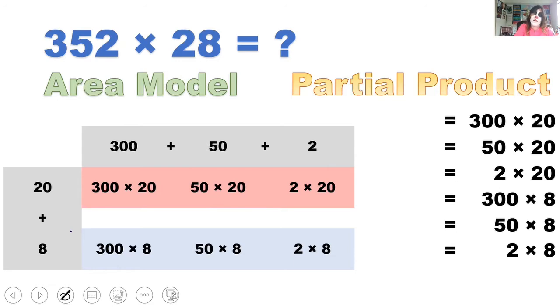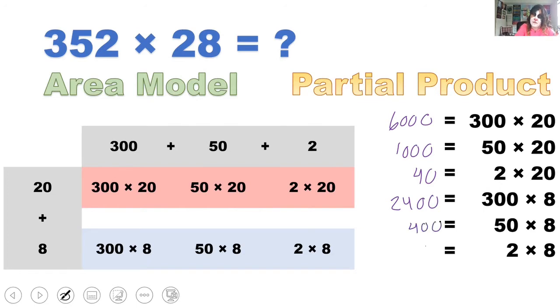Okay, 300 times 20 is 6,000. 50 times 20 is 1,000. 2 times 20 is 40. 300 times 8 is 2,400. 50 times 8 is 400.